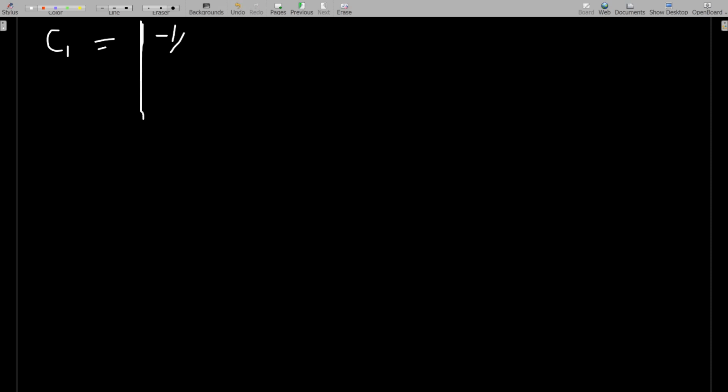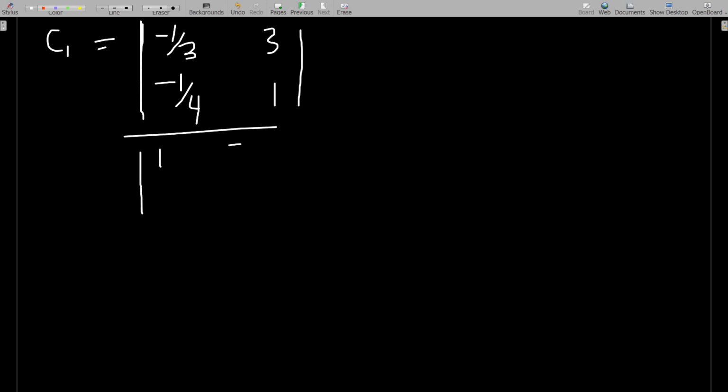Okay, so -1/3, -1/4. Then I write my steps I have here back, 3, 1. Determinant of this over the determinant of the whole matrix, and the whole matrix is 1, 3, 1, 1.